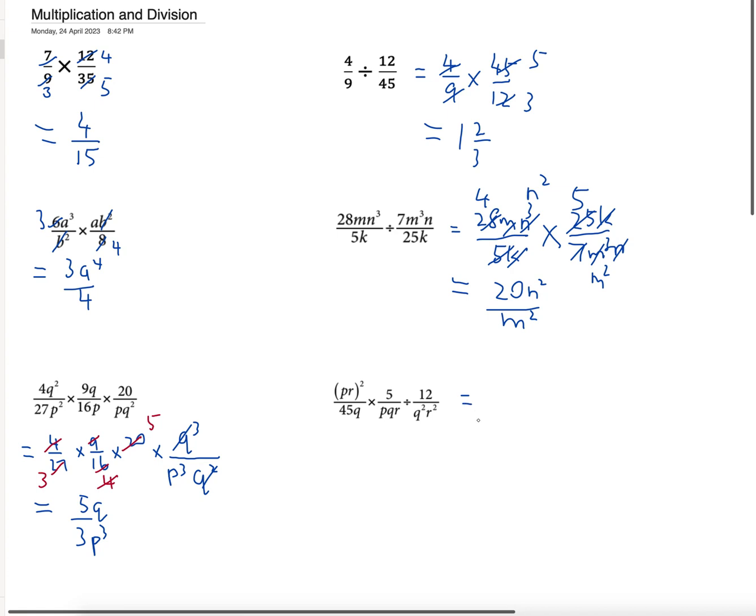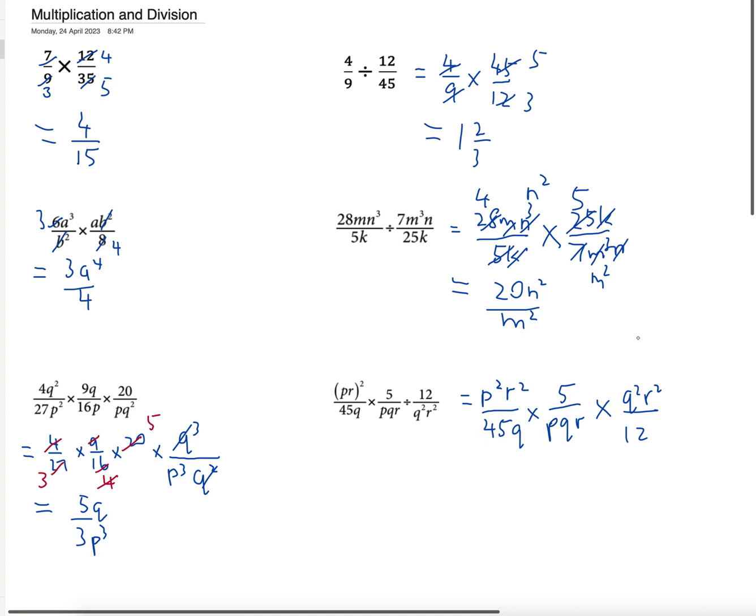Okay, so now here, when there is a square, we need to open up the square first. This is PR times PR, so P times P, P squared, Q squared, over 45Q, multiplied by 5 over PQR, and multiply by Q squared R squared over 12.